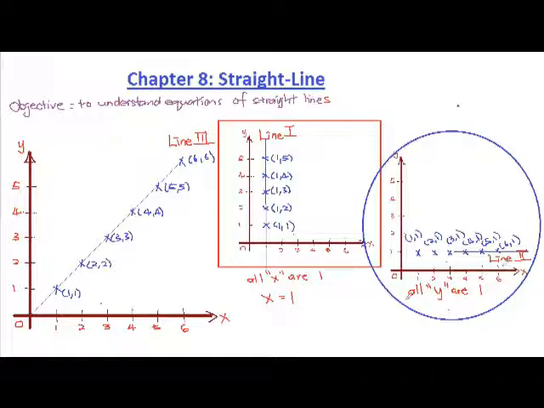And when this common relationship is expressed algebraically as an equation in terms of x or y, it can be written as y equals 1. And this equation now represents the equation of straight line 2.